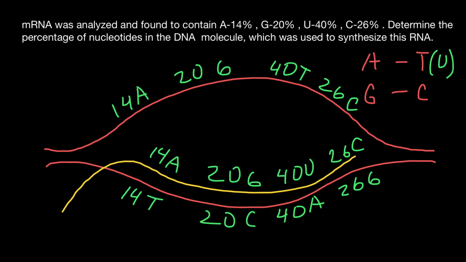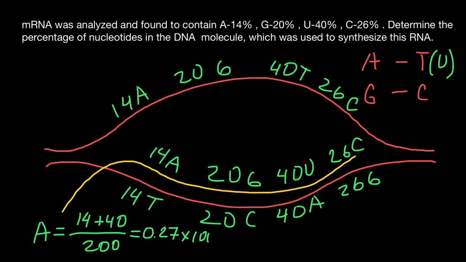So the frequency of adenine would equal 14 plus 40 divided by 200. We are going to get 0.27, and if we need an answer in percentage form, we multiply by 100 and get 27%. So adenine would make 27%.